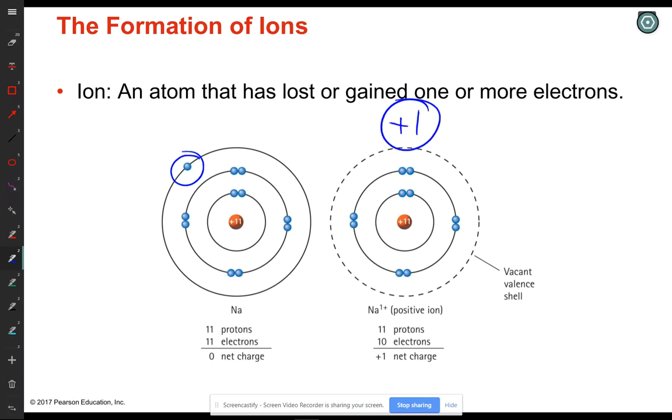Now, if I have something that really wants that extra electron, such as fluorine, fluorine will latch onto that electron. And what's the charge of the fluorine going to become when it grabs that extra electron? It's 0. It grabs an extra electron. What's its charge going to be? -1. So the fluorine is going to become negative if it grabs that extra electron. The sodium becomes positive when it gives it up.